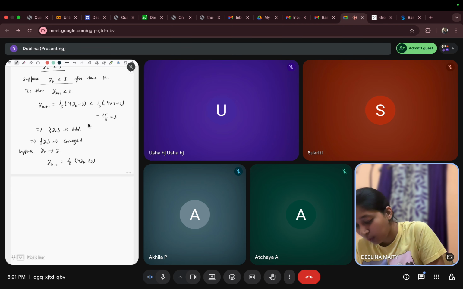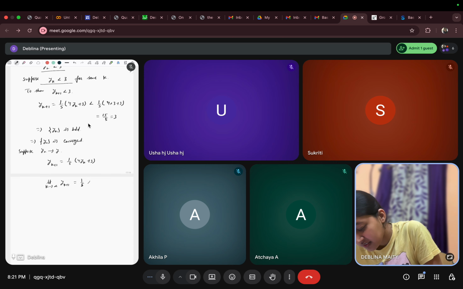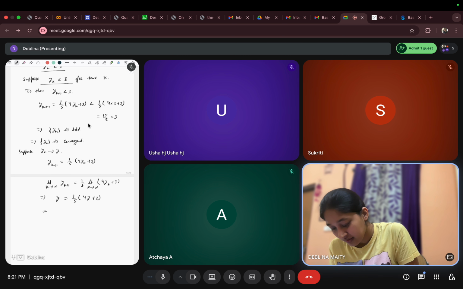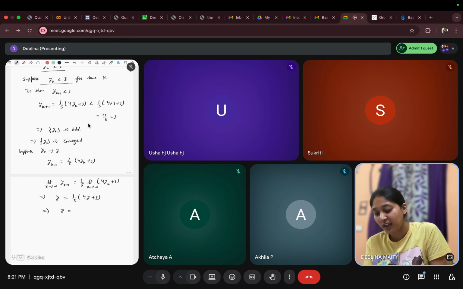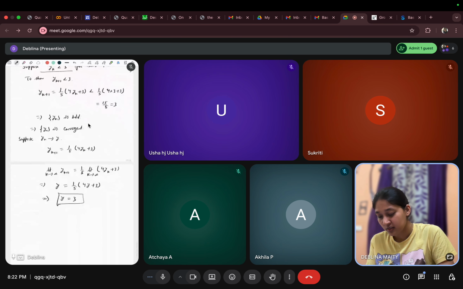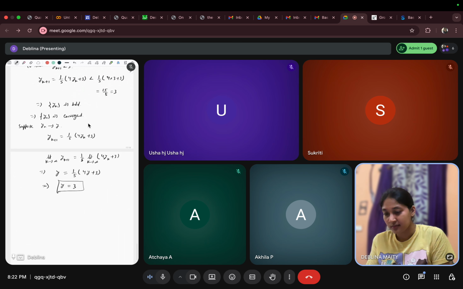If we take the limit on both sides as k tends to infinity, we get y equals 1/5 times (4y+3). So 5y equals 4y+3, so y is 3. So this is proved: yn converges to 3.